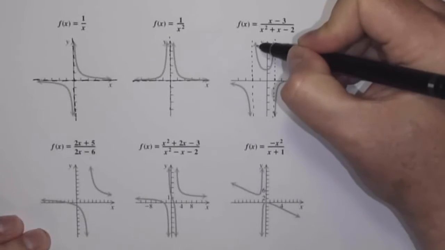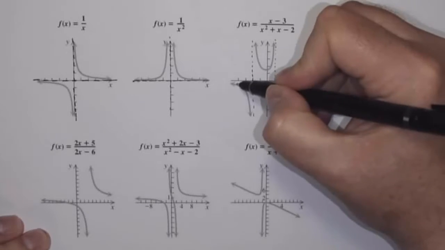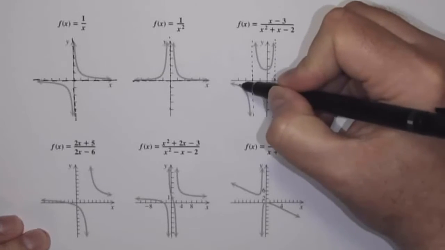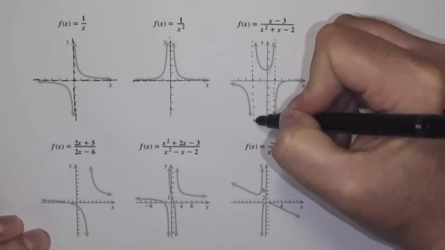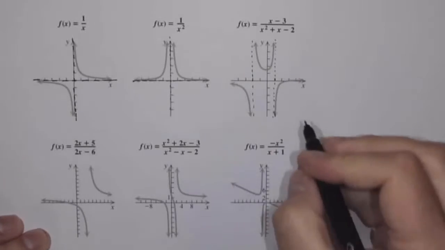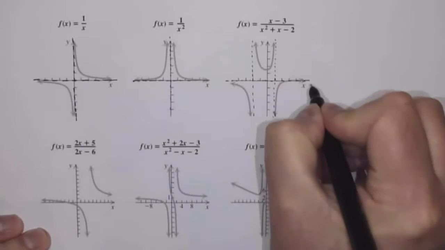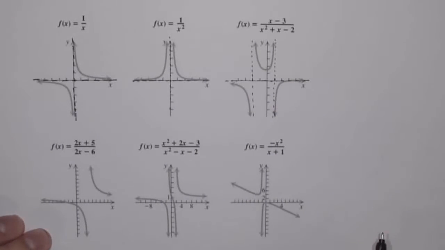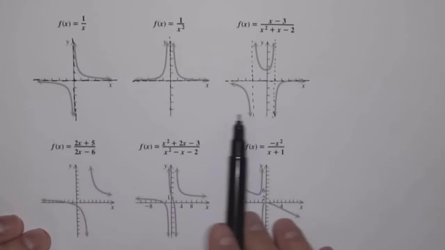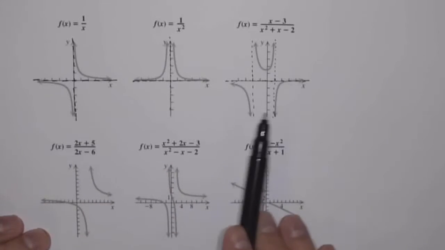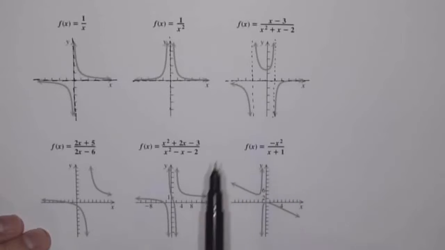Same thing over here. And in the same way, we have this horizontal asymptote here. So again, I think I've discussed that enough, but this is a key characteristic for most rational functions, that we're going to have these types of asymptotes.